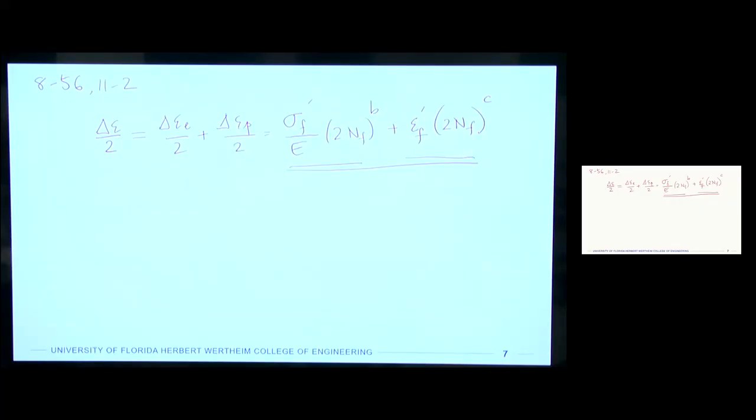And so really, we're out in experimental, empirical land now. So it says in our book, typically B ranges from minus 0.05, so that must be sort of an extreme type material, up to minus 0.15. So that had a lower slope. This is the high cycle elastic strain exponent.